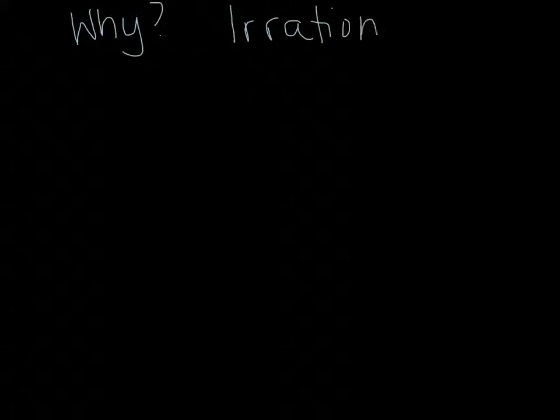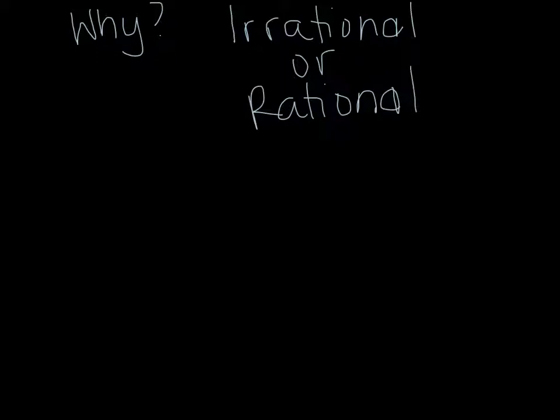On your exam, you're also going to need to be able to tell us why a number is irrational or rational. A good resource for that is going to be the worksheet that you did on Friday. But again, if something can be written as a ratio, then it's rational, and a ratio is a fraction. So if the number, I can write it as 3/4.